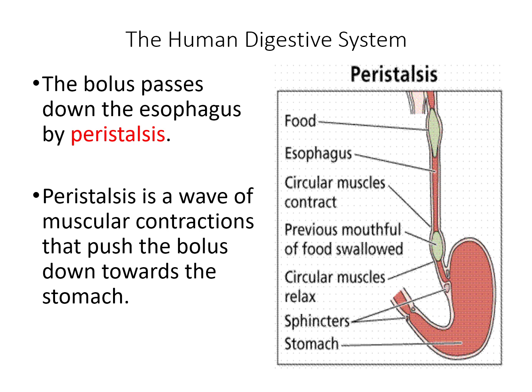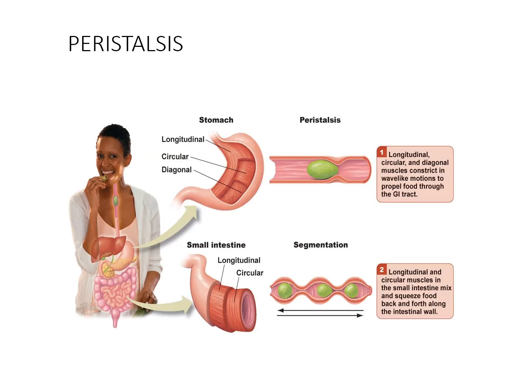However, if the bolus is very smooth, then it moves very smoothly throughout the hollow tube, the alimentary canal. As you can see, we have here the simple illustration of how peristalsis works.